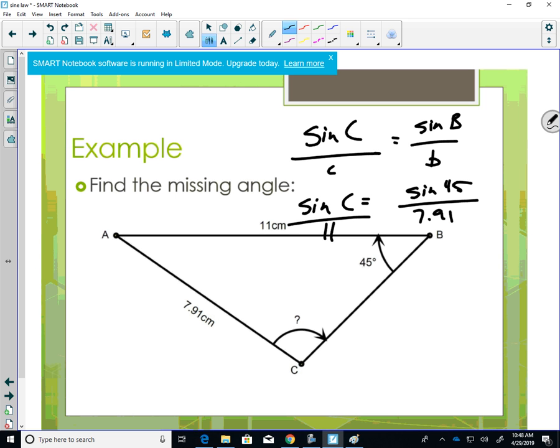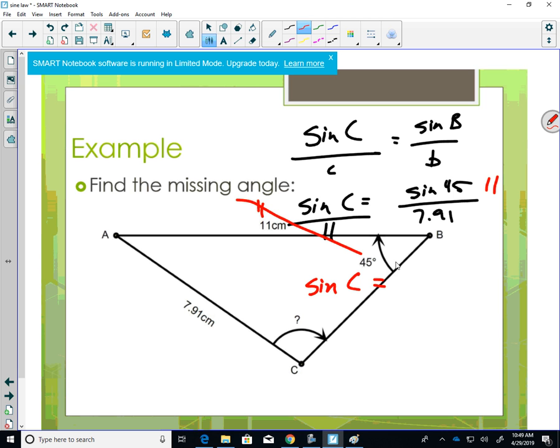Okay, I'm going to do this the Pavlovsky method here. So rather than do this division, we're just going to get rid of the divide by 11. How do I get rid of divide by 11? Multiply both sides by 11. I'm doing it the Pavlovsky method, so we don't run into that rounding issue.